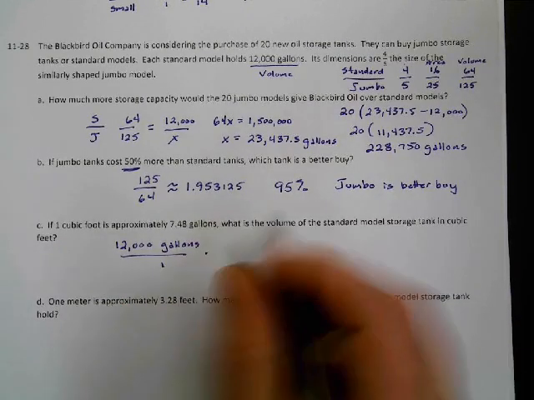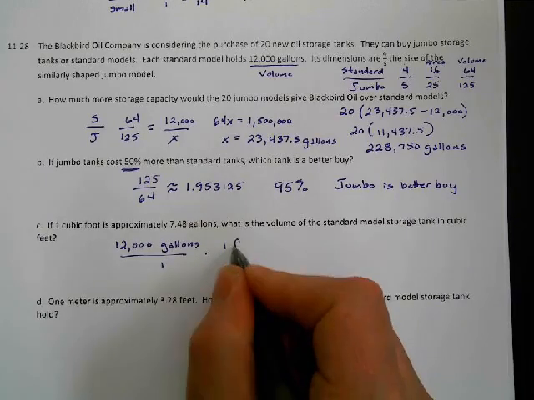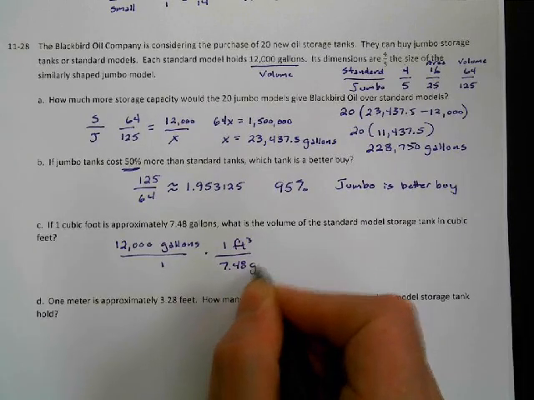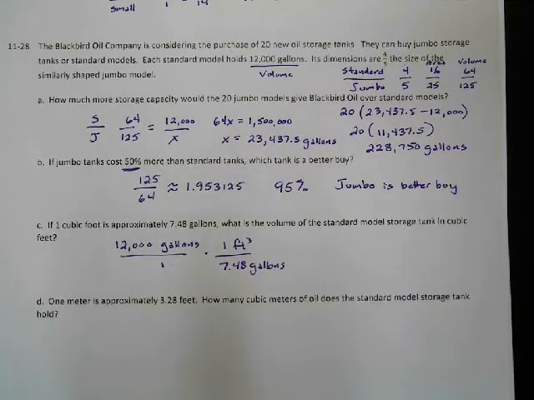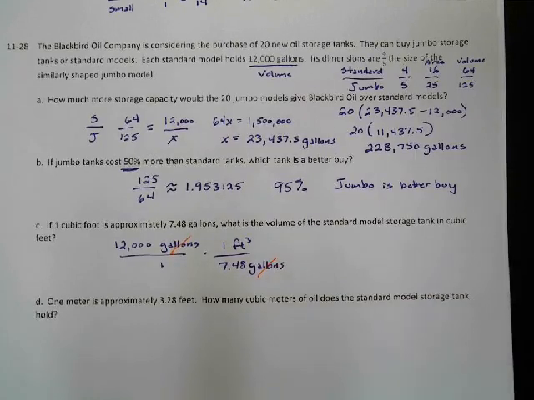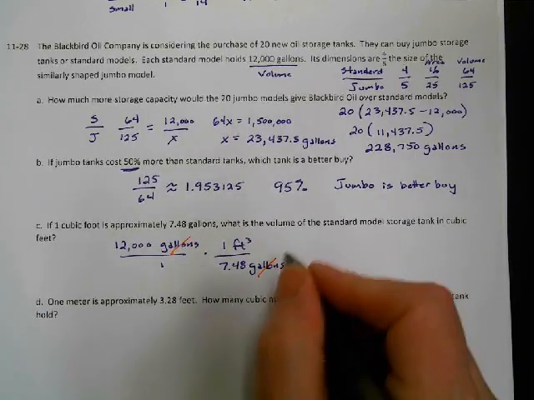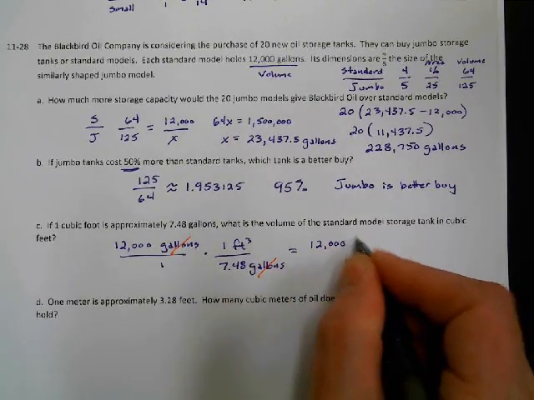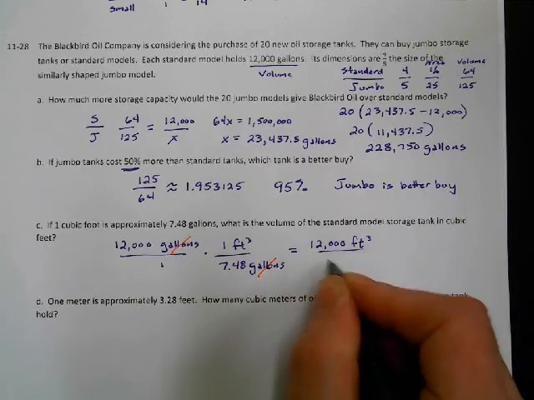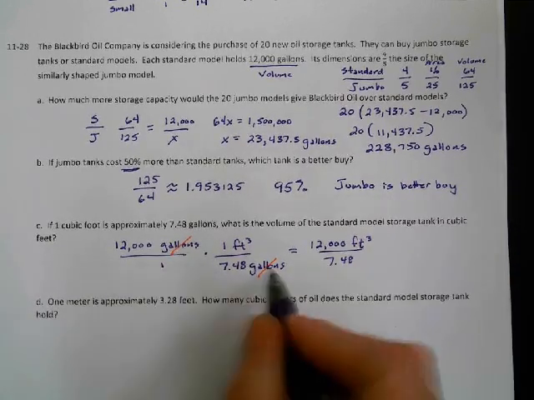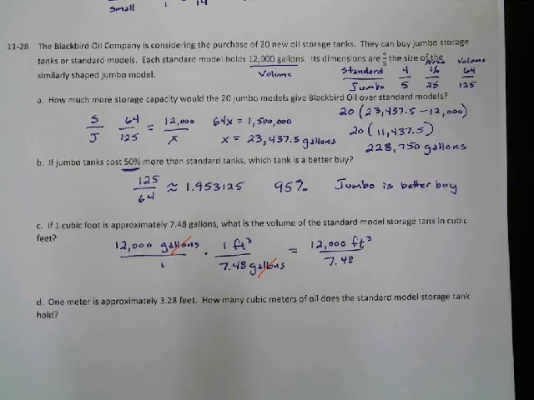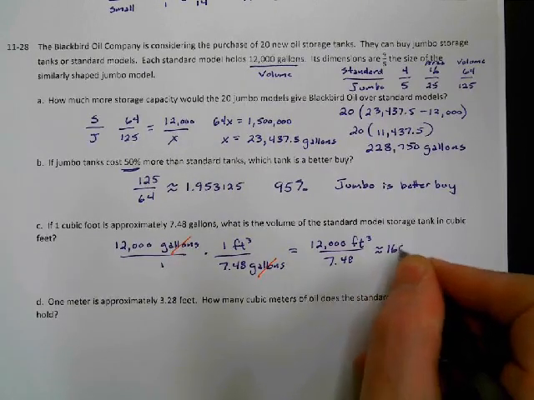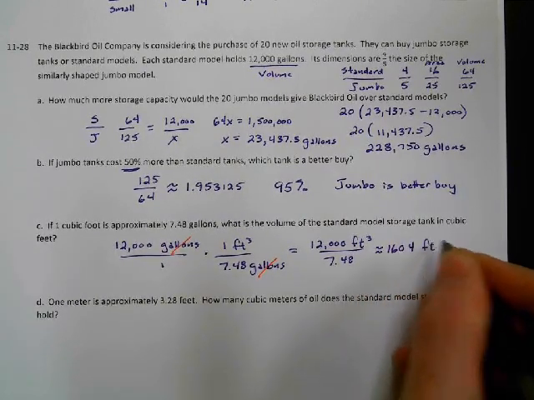So when we do the conversion, 1 cubic foot compared to 7.48 gallons, the gallons cancel each other out, the units cancel, and now I'm left with 12,000 cubic feet over 7.48. The gallons have gone away, and if I take out my calculator, it comes out to approximately 1604 feet cubed.